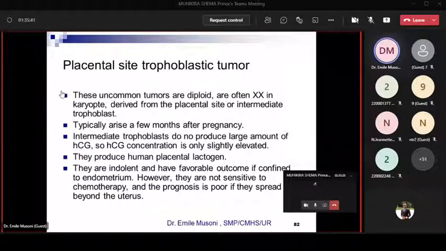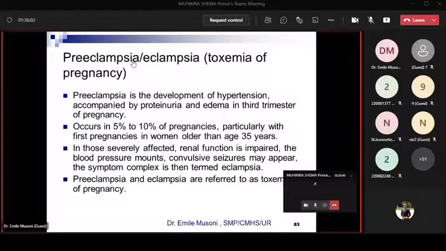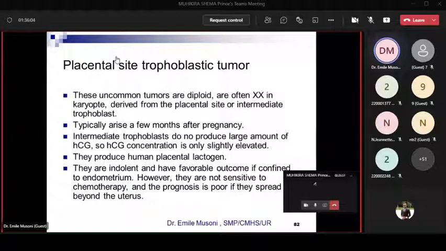Placental site trophoblastic tumors are uncommon. The most common are the moles and choriocarcinoma. You can find those placental trophoblastic tumors, but they are rare.